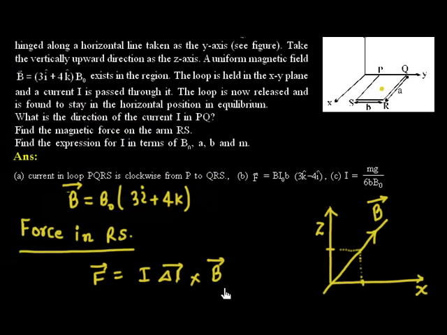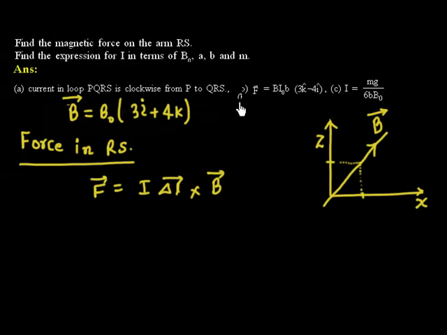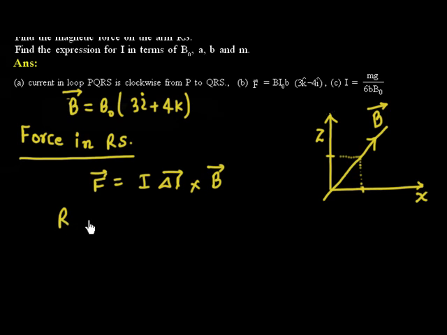So let me say this current is from R to S. So this is the direction of current I, that I am assuming, R to S.